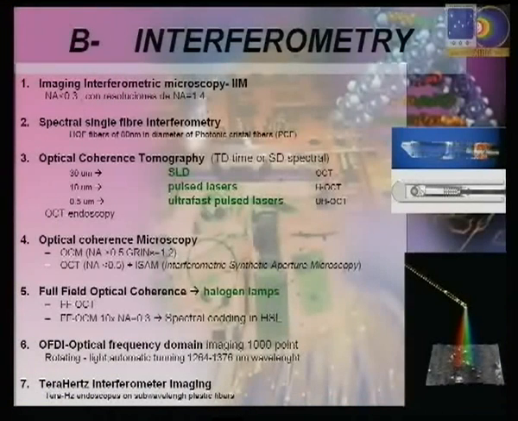Another type of images you can get are from interferometric technology that builds images. There are a lot of techniques of interferometry, including single fiber interferometry, in which they use photonic crystal fibers, optical coherence tomography, as we have seen, optical coherence microscopy, and full-field optical coherence tomography.